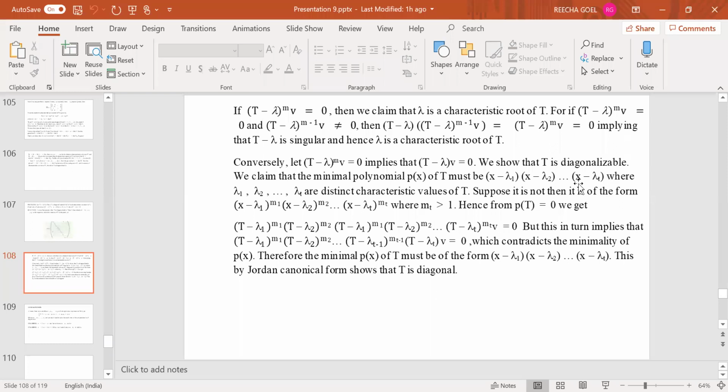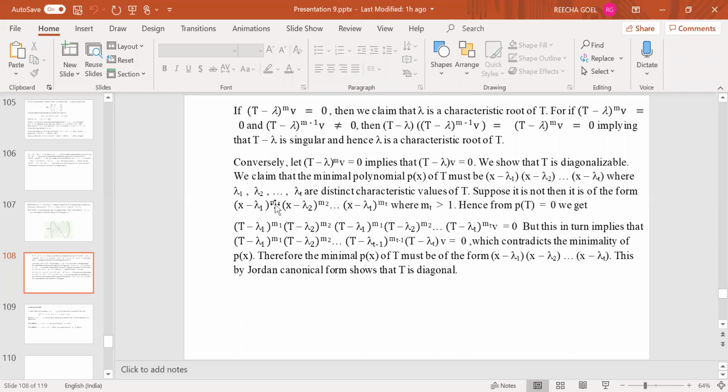Suppose we are able to show that the minimal polynomial is of this form, it simply means that the geometric multiplicity of each of these is going to be 1 only. That is, the Jordan blocks are going to be of order 1 only, that is, all the entries on the leading diagonal are going to be lambda 1, lambda 2, lambda 3, lambda t. So this will become diagonalizable. So my claim is that the minimal polynomial p(x) must be of this particular form.